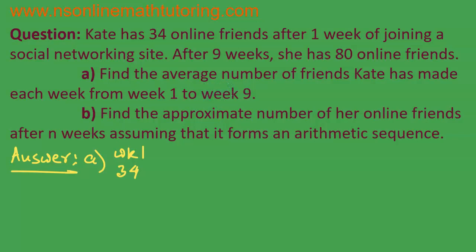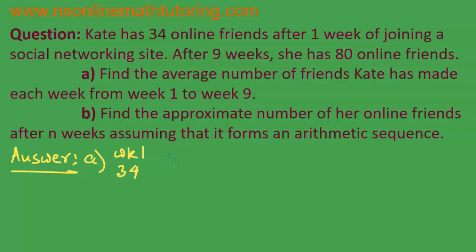In some week, there will be more online friends, in some other week, there will be fewer. But we are assuming that Kate is making the same number of online friends every week. This is the approximation that we are doing. So let F be the number of new friends that Kate is making every week.